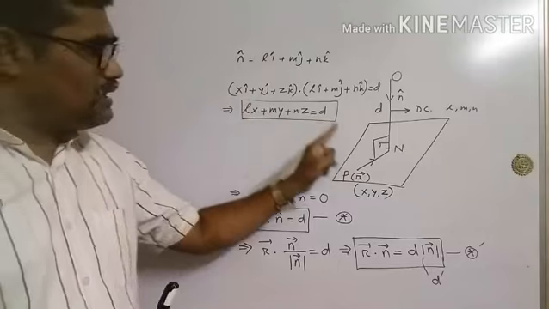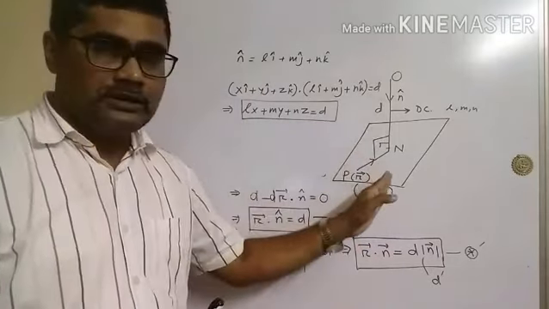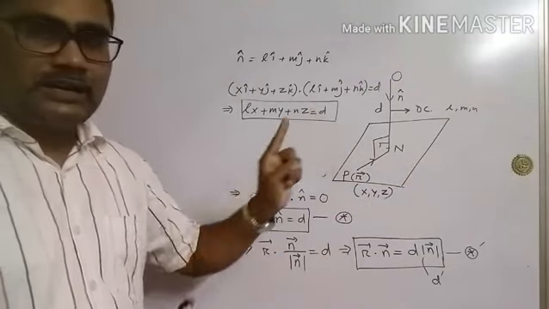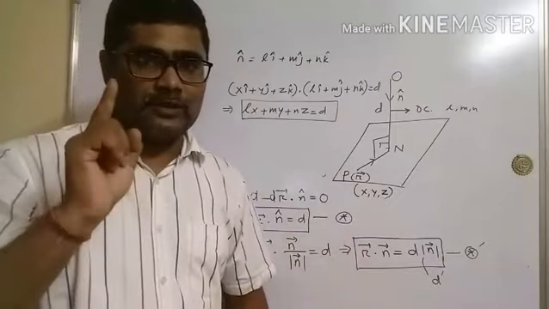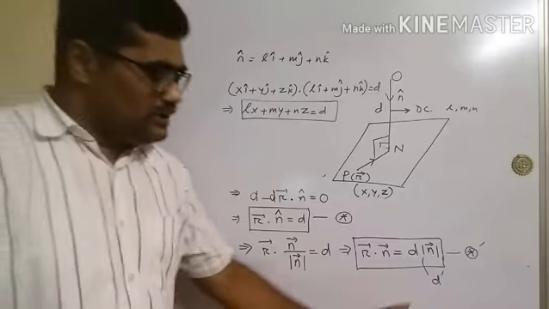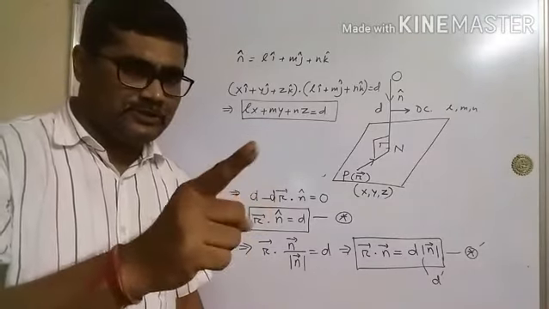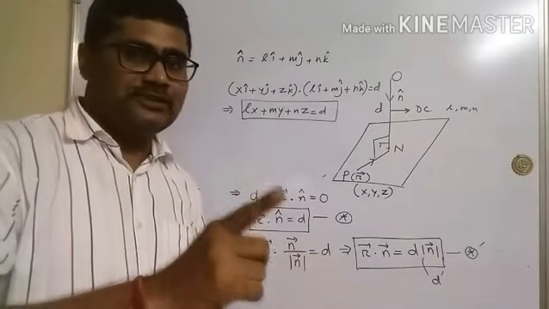l, m, n are necessarily the direction cosines of the perpendicular to the plane. Then this is the form, and the right hand side quantity necessarily gives you the perpendicular distance of the plane from the origin. So this has been derived from that. Now you come to this point. If you consider any general vector which is not a unit vector, the components are necessarily direction ratios, right?